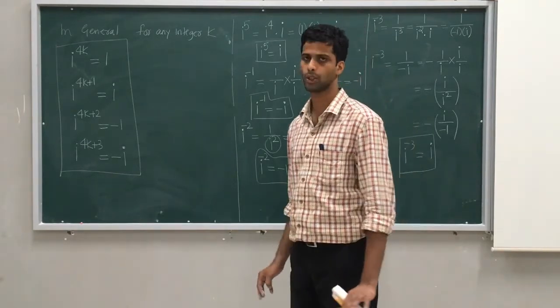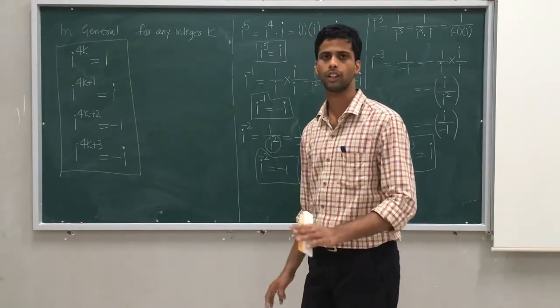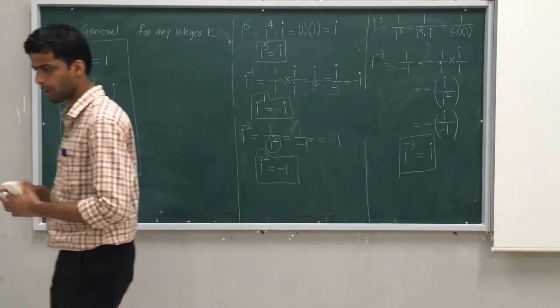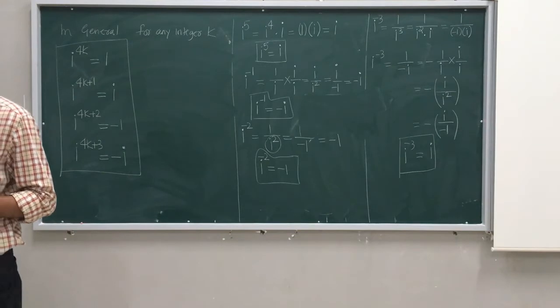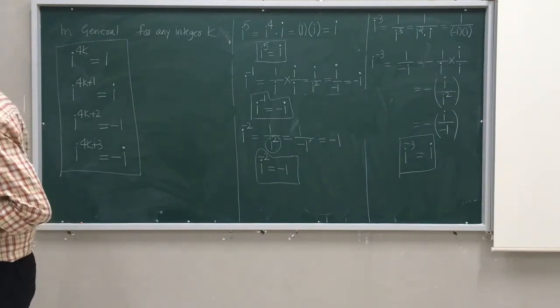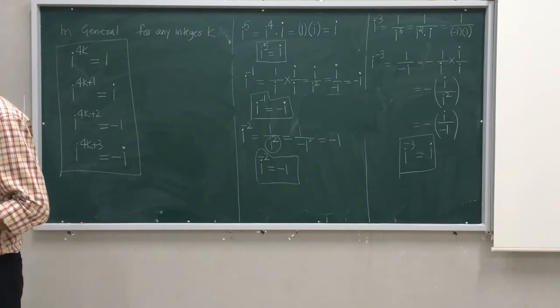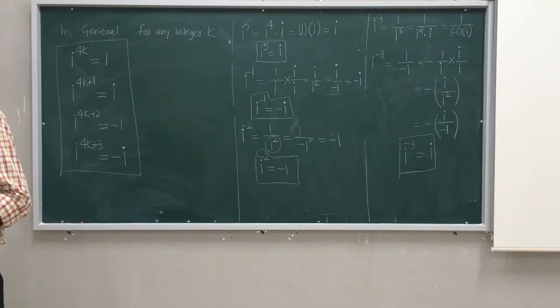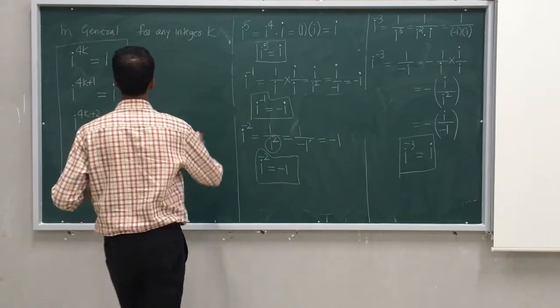All you need is your idea and strong theory in that. So let's move on to the problems based on this. Before solving problems, I want to recall that i power 4k is plus 1, i power 4k plus 1 is plus i, i power 4k plus 2 is minus 1, and i power 4k plus 3 is minus i. These are all things I want to tell you people.